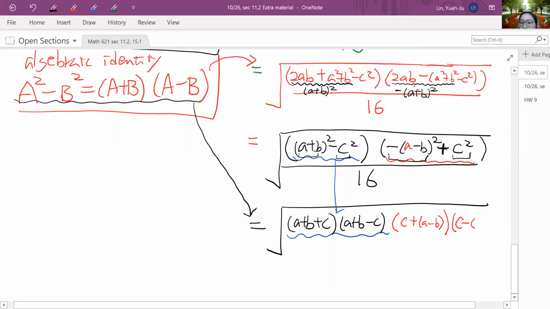Let me double check. So a minus b squared, this is minus a squared minus 2ab plus b squared. So this is minus a squared plus 2ab minus b squared. Yeah, it should be minus there. So now I have c plus a minus b and c minus a minus b here.